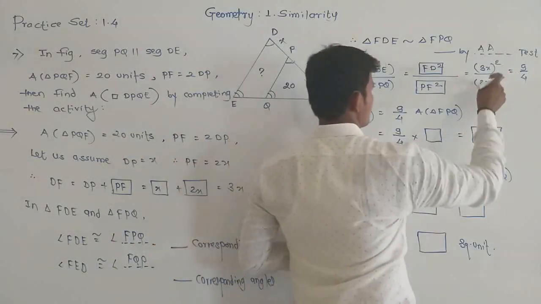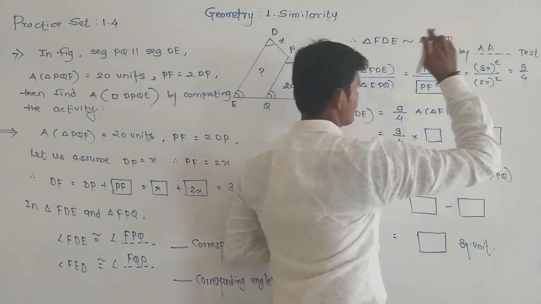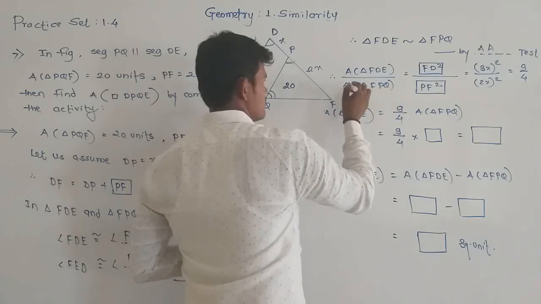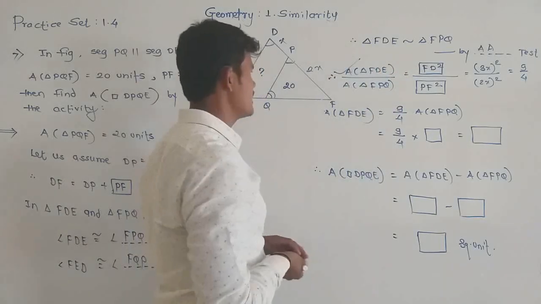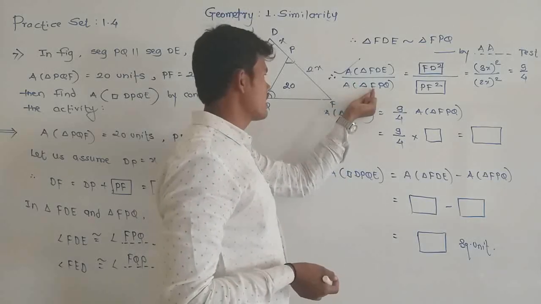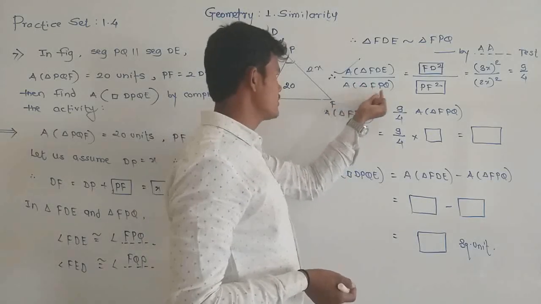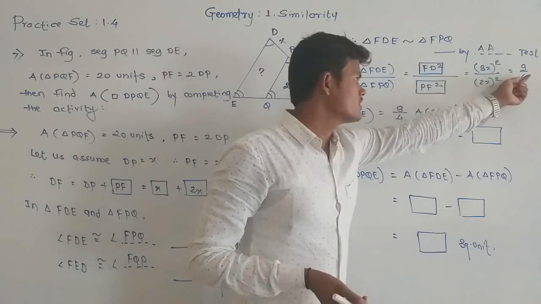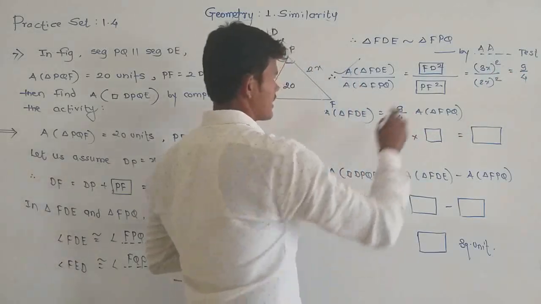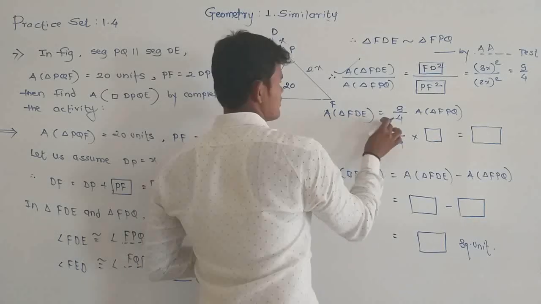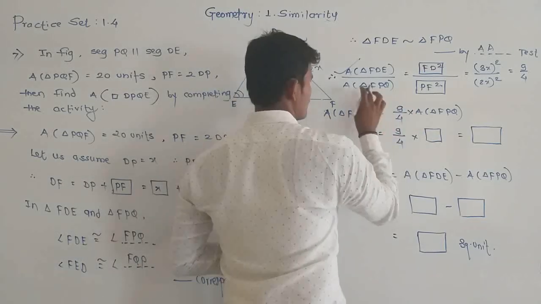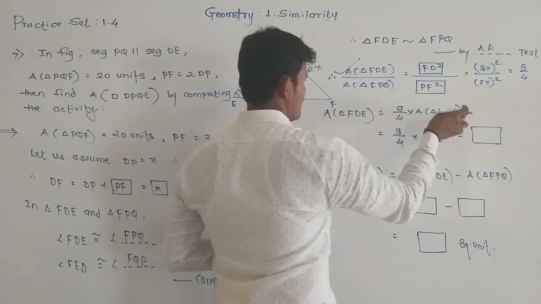So 3x square upon 2x square gives 9 by 4. So area of triangle FDE is equal to 9 by 4 into the area of triangle FPQ.